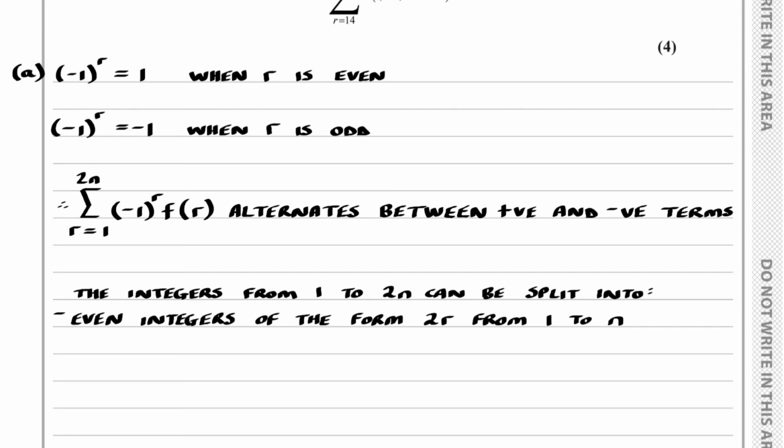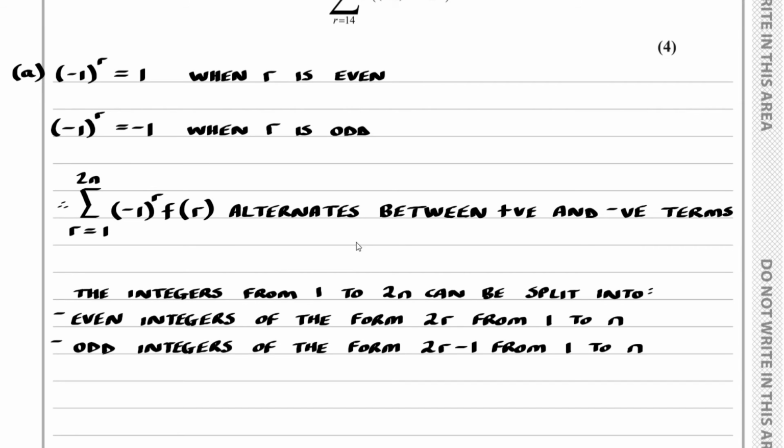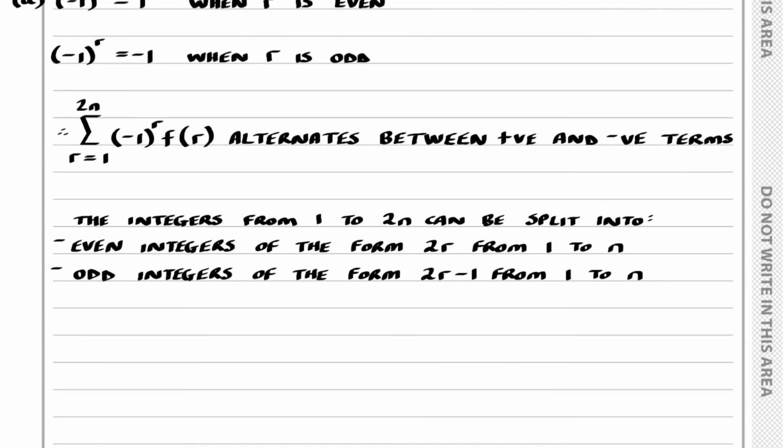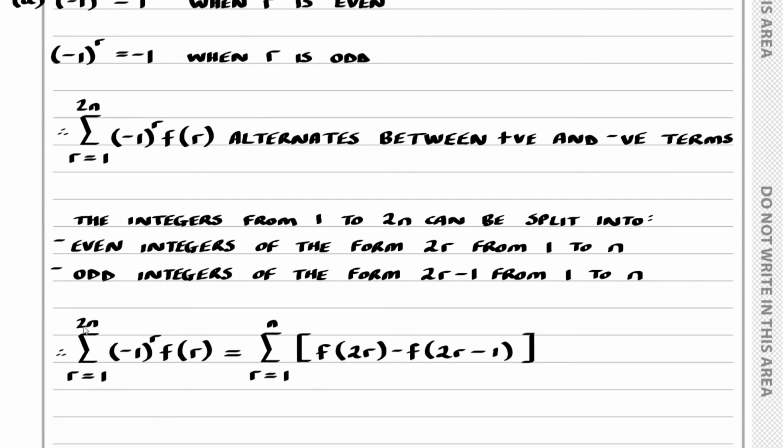The even numbers we can split into 2r, going from 1 to n, and then the odd numbers we can split up into 2r subtract 1 from 1 to n, which means that the sum from r equals 1 to r equals 2n of negative 1 to the r multiplied by f of r is equal to the sum from r equals 1 to n of f of 2r subtract f of 2r minus 1. That's again because we're alternating between positive and negative terms, which is why we subtract.